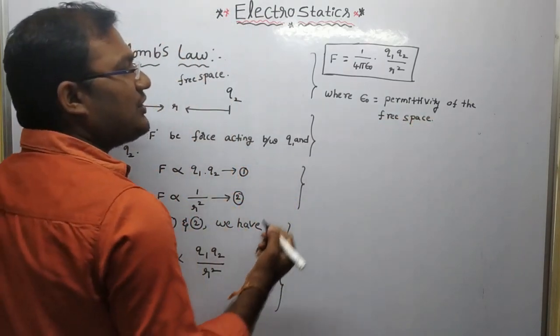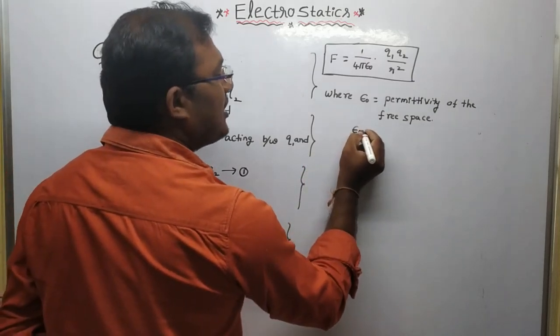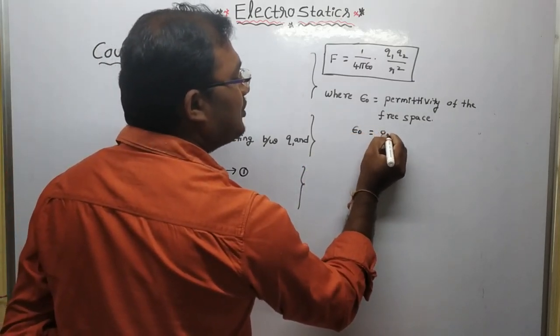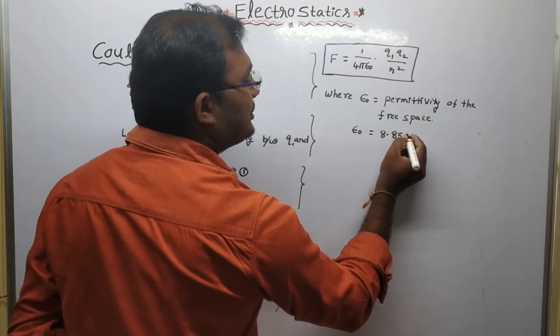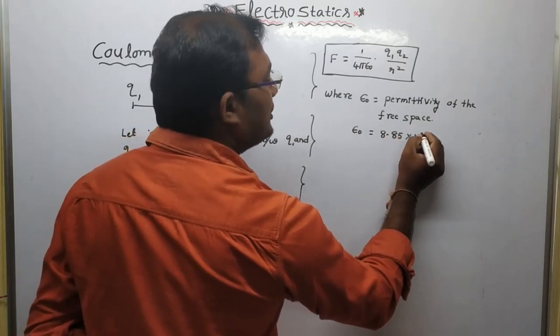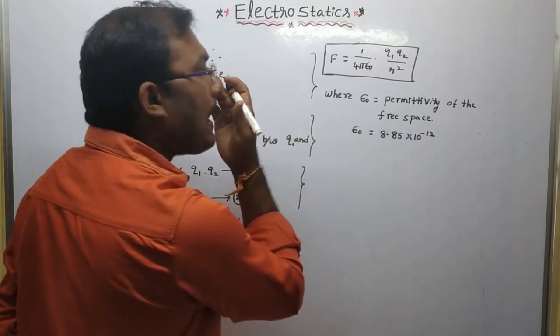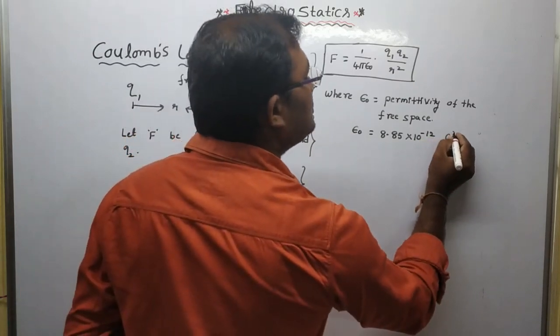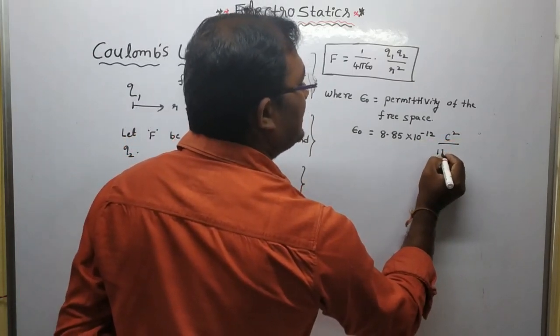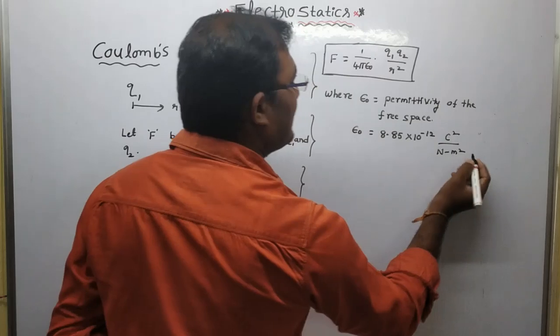Its value is epsilon naught equal to 8.85 into 10 to the power of minus 12 Coulomb square by Newton meter square.